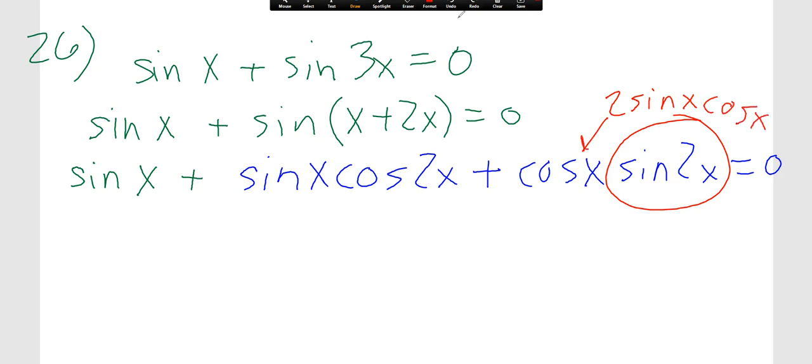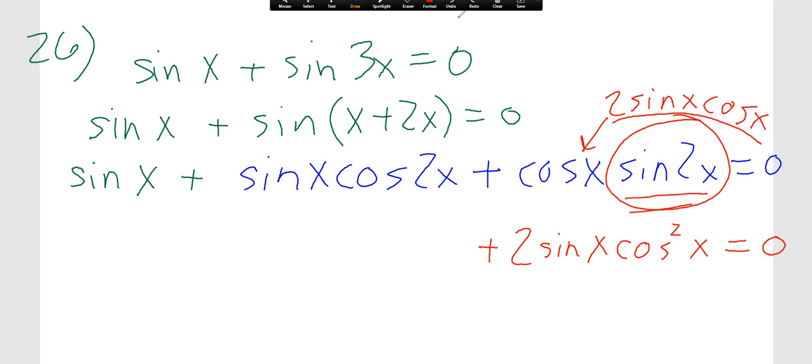And if I multiply that times cosine x, what does that become? 2 sine x cosine squared x. 2 sine x cosine x, that's your sine 2x. I just was multiplying it times cosine x. That's where we got the cosine squared from.